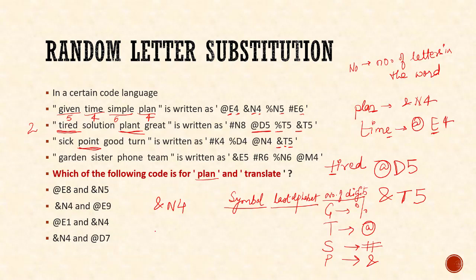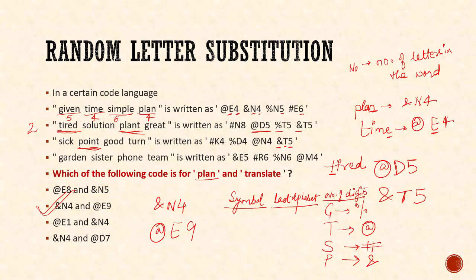Translate should start with at the rate, last letter is E, and it has 9 letters. So at the rate E9 should be the code for the word translate, and that leads us to the answer. That answer is option B.